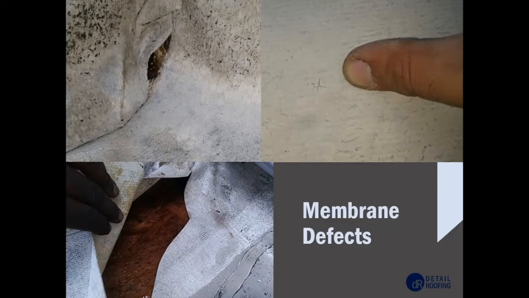So something even as small as a tiny hole in the membrane, or any split open seams, can of course be areas for water to infiltrate and cause potential leak issues.